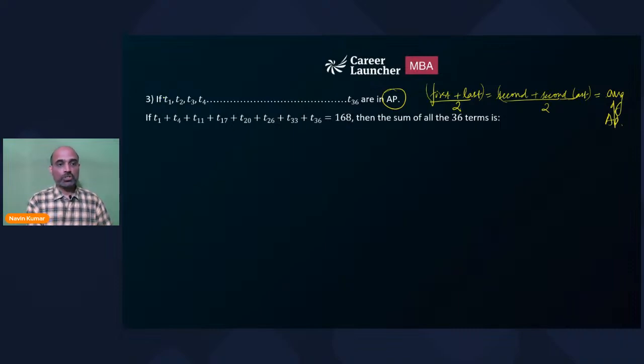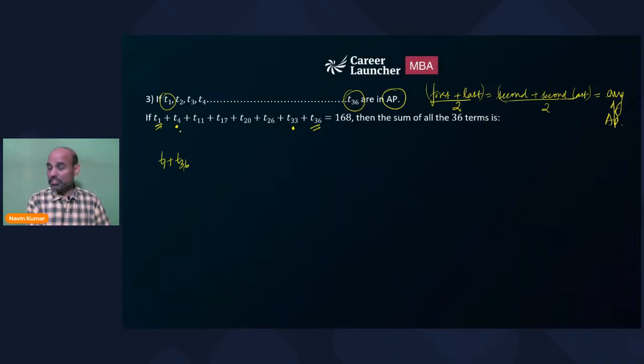Okay? So the average of T1 and T36, I'm going to completely ignore the other terms. I'm only picking the first and the last term. The average of these two will be the average of the entire AP. So T1 and T36, I will club them together. Then I will club T4 and T33.